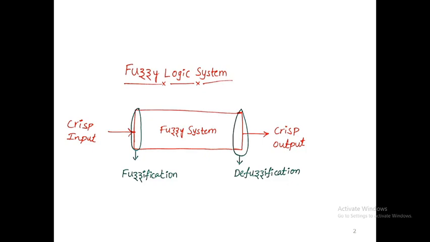For 5.6, that may be 5.8, that may be 6, that may be 7. So which one do I need to consider as tall? Or if it is short, below 5, whether it is 4 or whether it is 3. So there should be some range, right? That range you will get in the fuzzy system. But out of that range you need to get one output.